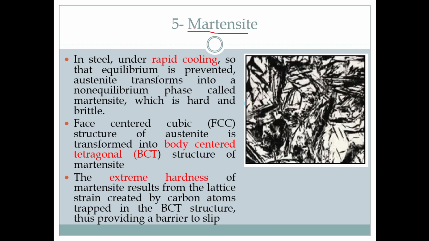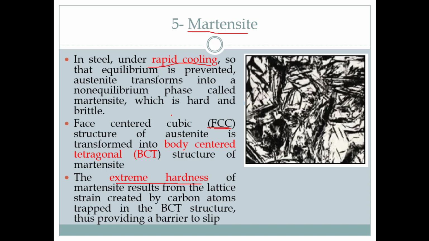Martensite is another phase. We can get this phase if we have very rapid cooling, moving from this structure into BCT, body-centered tetragonal. This phase is extremely hard.